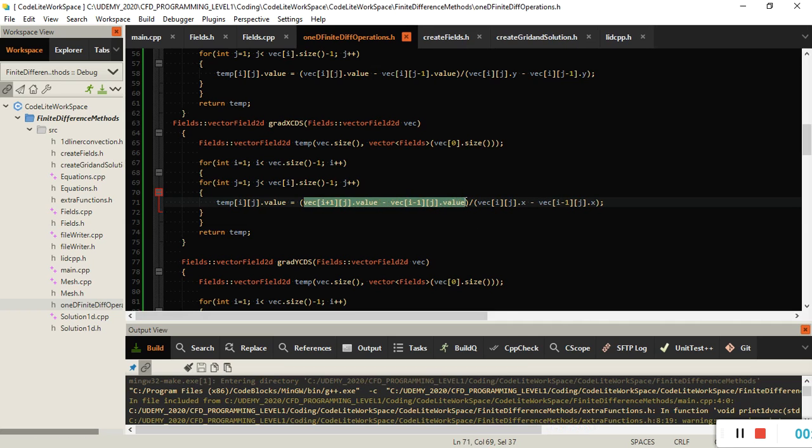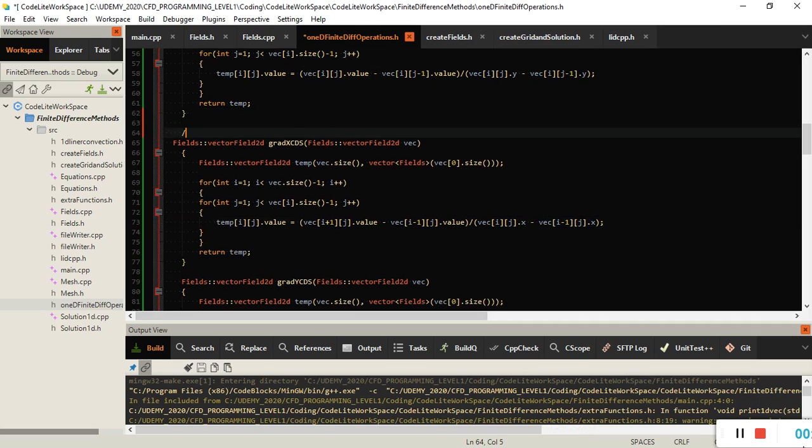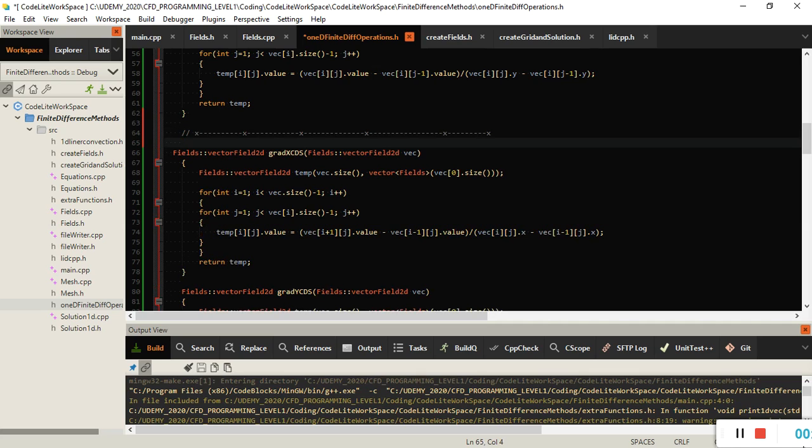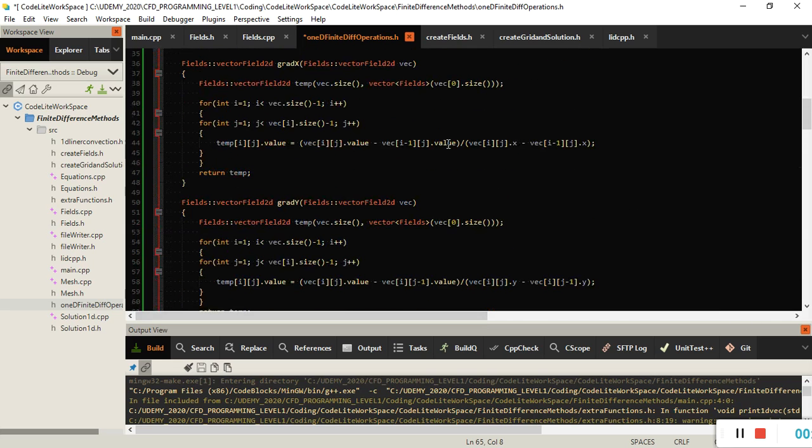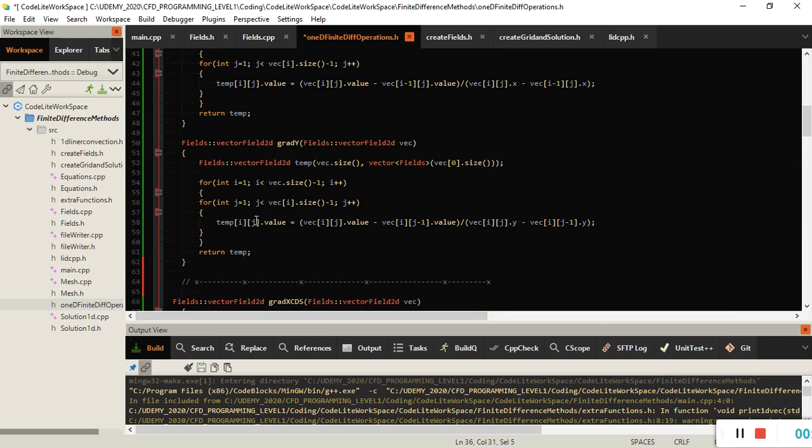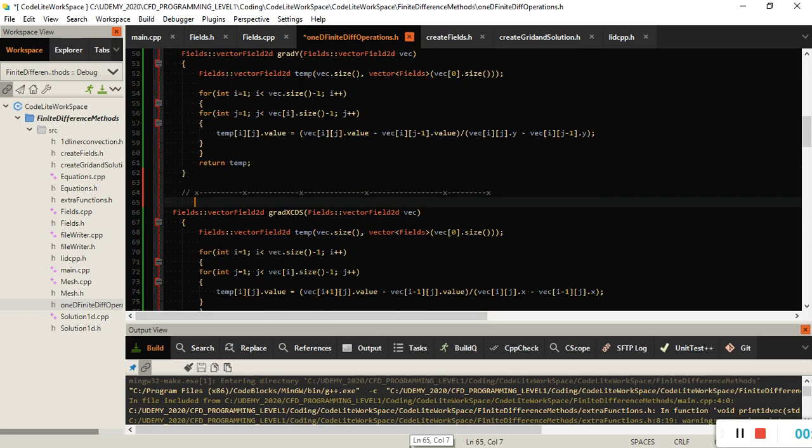So central difference is, for example, if you have grid points looking something like this, let's say x are the grid points. From the method that we used initially, let's say grid x, if this is I equal to 0, then this is I equal to 1, then this is I equal to 2, and this is I equal to 3.